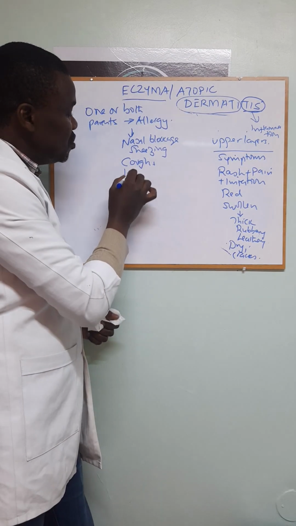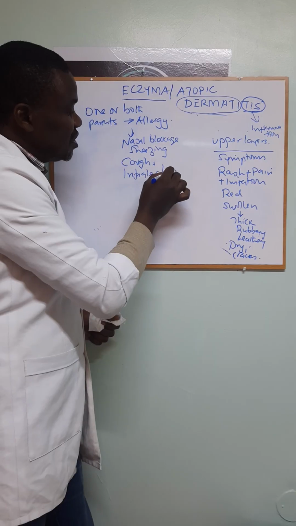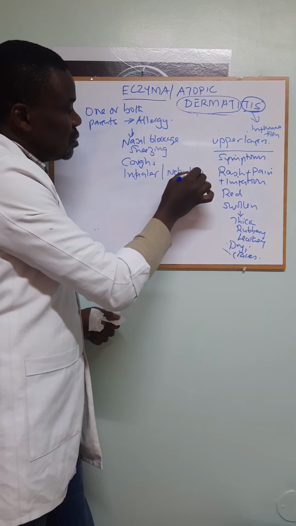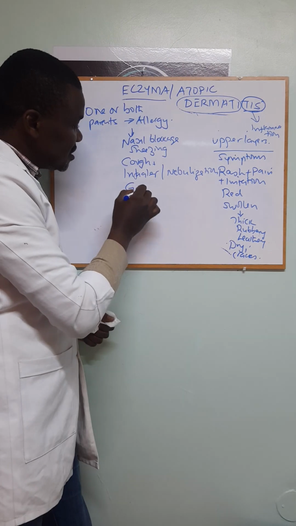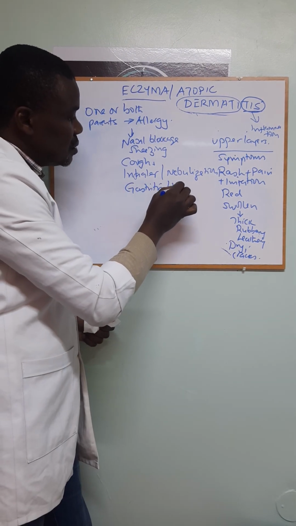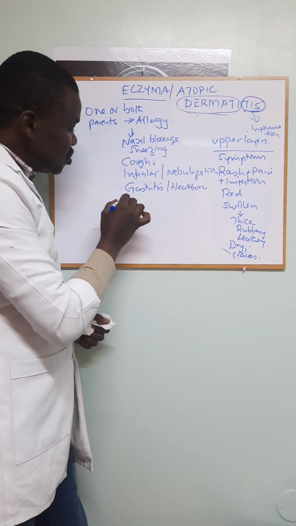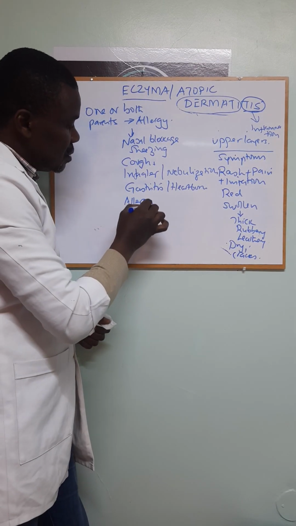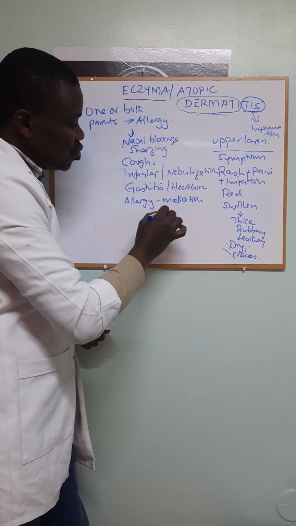Anybody who has ever used an inhaler or nebulization, the one that is done in the hospital, anybody who has issues with gastritis or heartburn, anybody who has allergy to medication, you've ever reacted to medicine, or allergy to proteins.